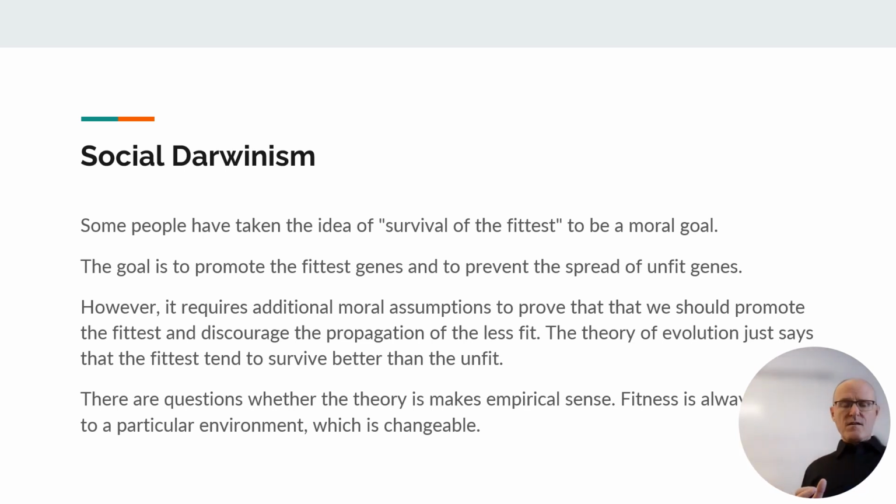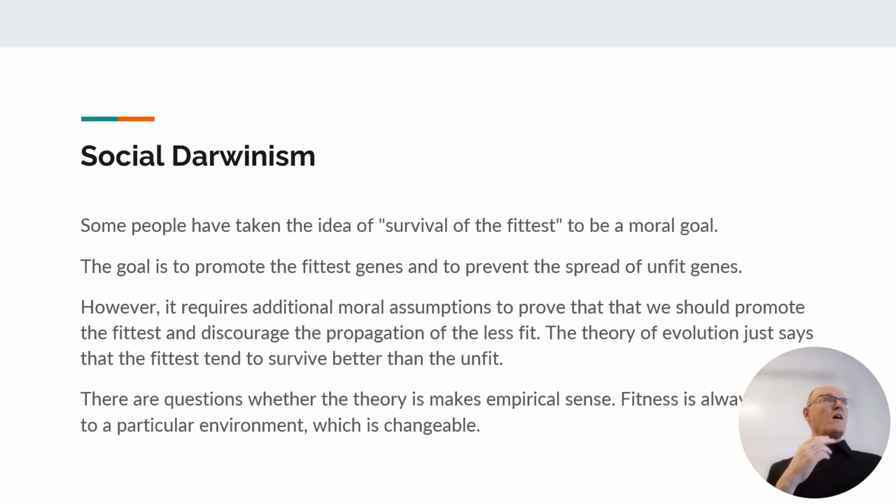Now, I think one thing we need to be very clear about is, what does Darwin's theory of evolution say, and how is that either interpreted or misinterpreted by social Darwinists? Certainly it's true that some humans are going to be more adapted to some environments than others. But it takes an extra step to conclude that some humans are better than others.